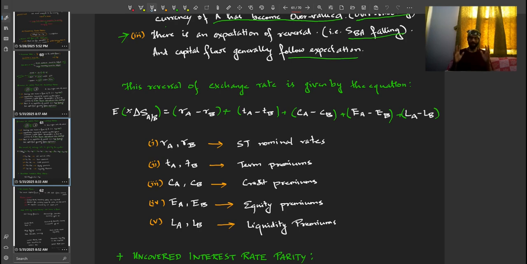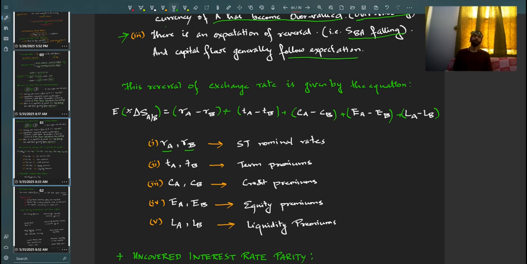And the rates are different for A and B, and the rate for A is actually higher to begin with than B. Why has that happened? Because this is one of the reasons why the capital inflows started. The capital inflows were attracted by multiple reasons, one being the nominal rates being higher.